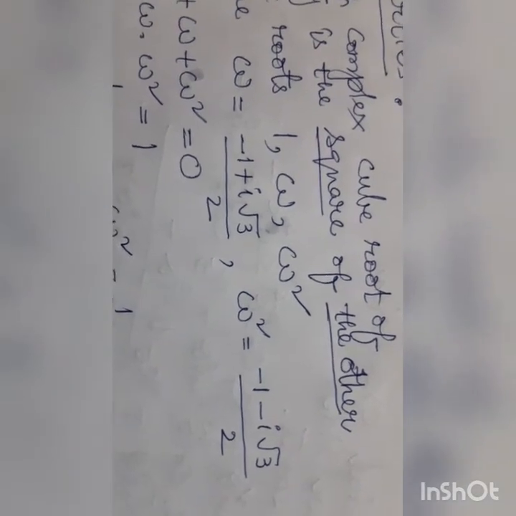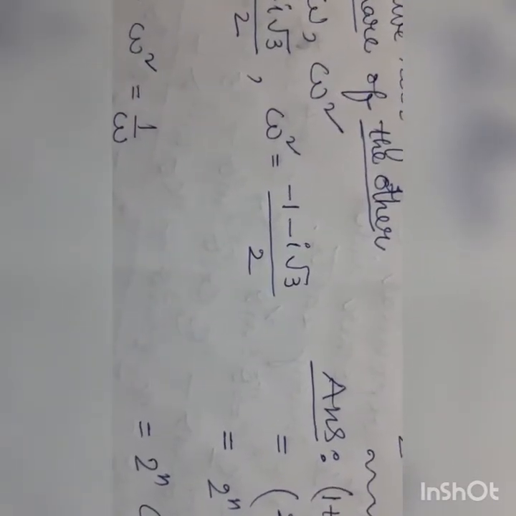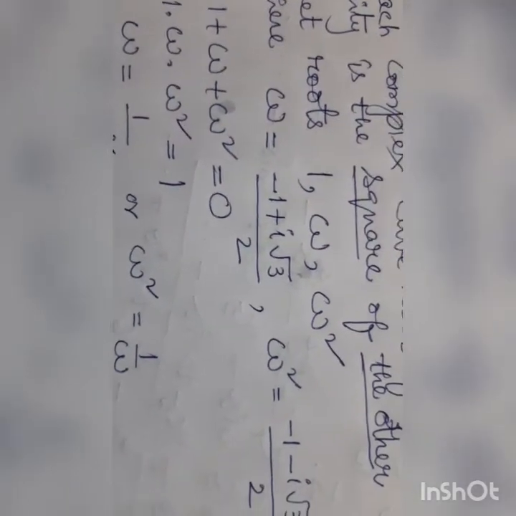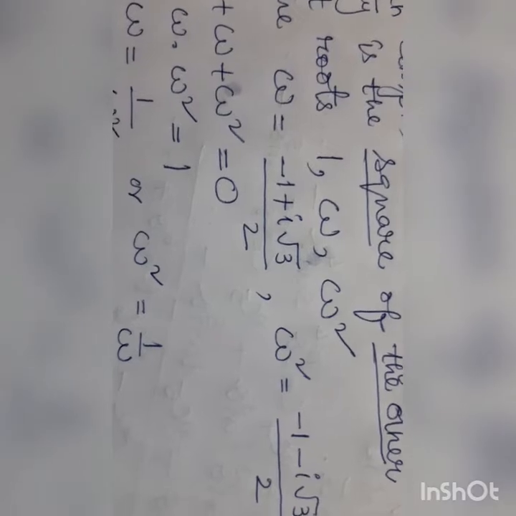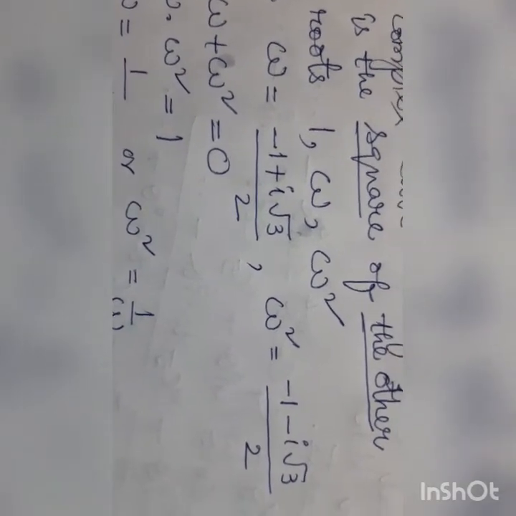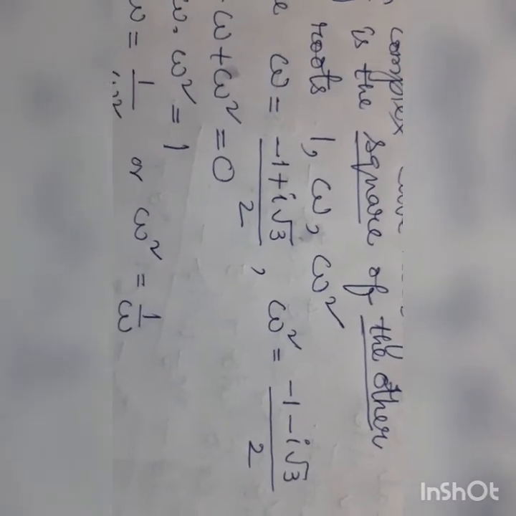If you square (-1 - i√3)/2, you will get (-1 + i√3)/2. So you can take this one as omega square, or that one as omega square, or omega. But we are now taking (-1 + i√3)/2 as omega.